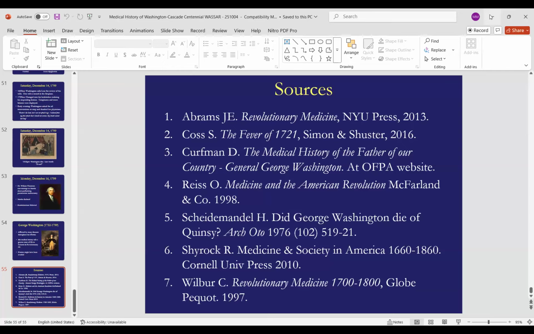And so his idea was that you would use osteopathic medicine to augment the healing of the human body, right? But it really depends upon the specific situation whether or not we think that Washington would have survived or not survived.